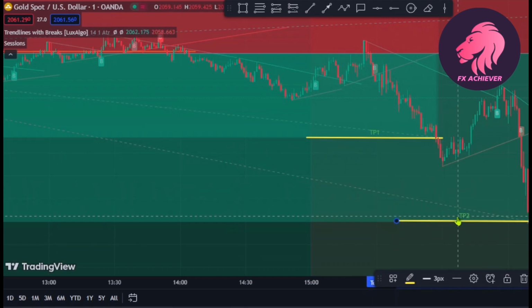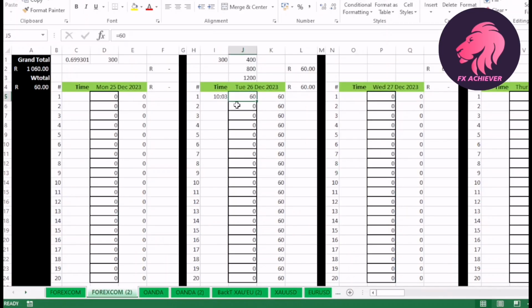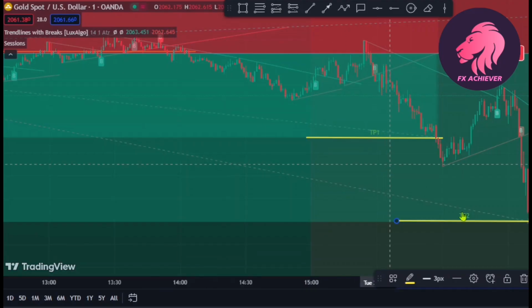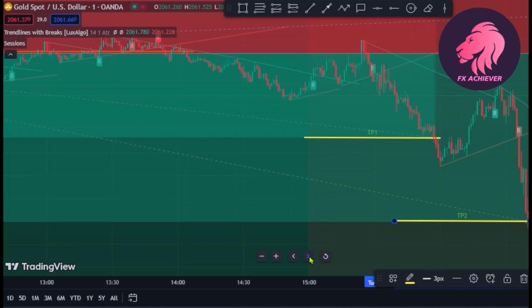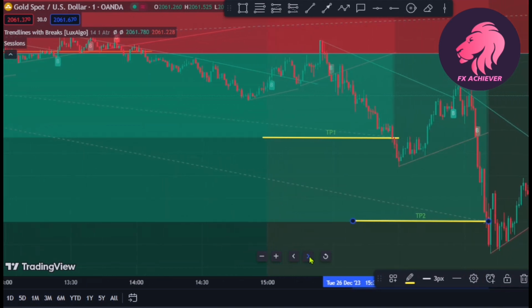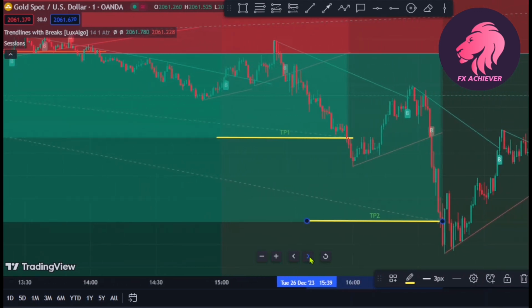TP2 is actually 2 times TP1. So if TP1 was 60 bucks, then on TP2 we had another 60 bucks times 2, which is another 60 bucks. Then scrolling further to check if TP3 was hit on this day.